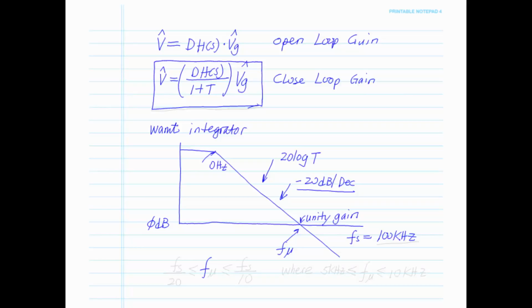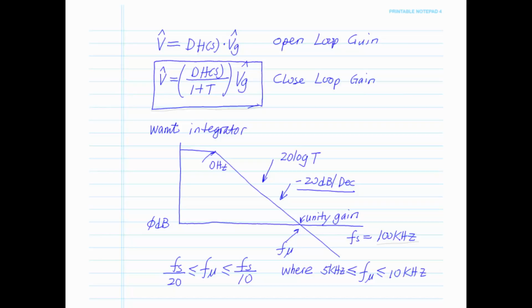So your loop is typically closed by typically 1/20th to 1/10th of the switching frequency. So if your switching frequency is 100 kilohertz, this FU should be between, let's see, 1/20th, which would be 5 kilohertz to 10 kilohertz.